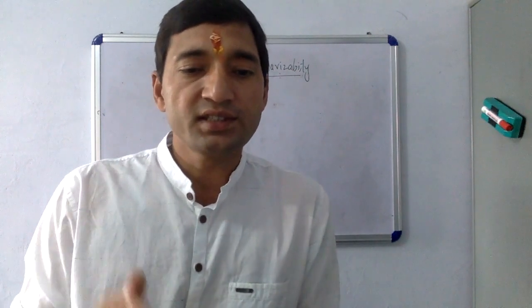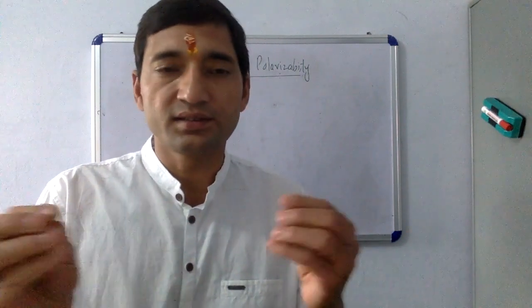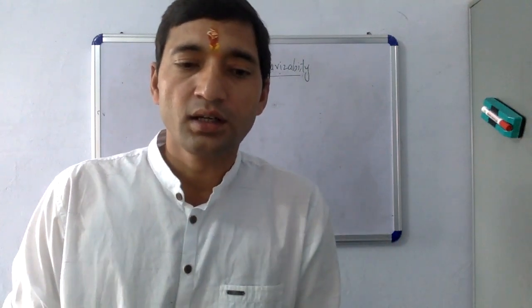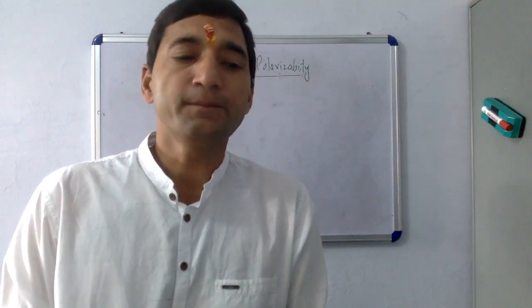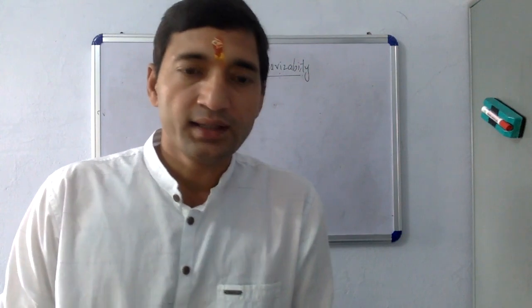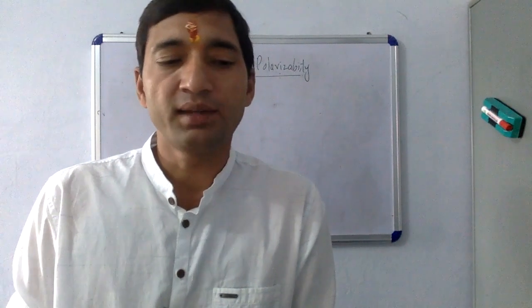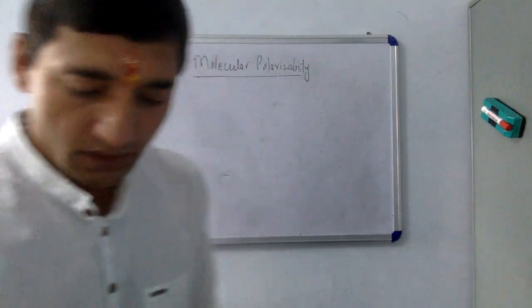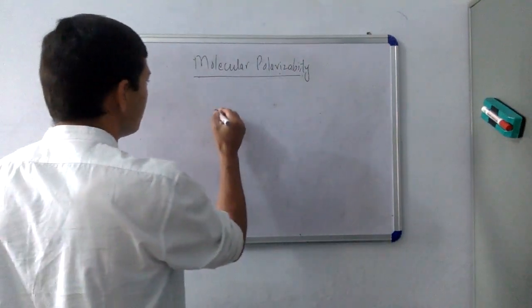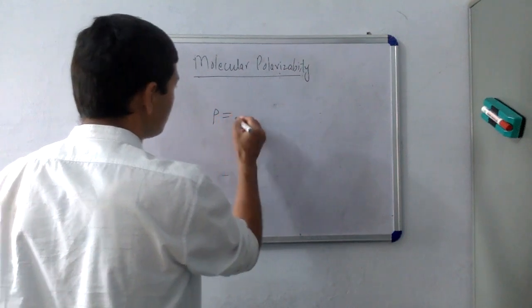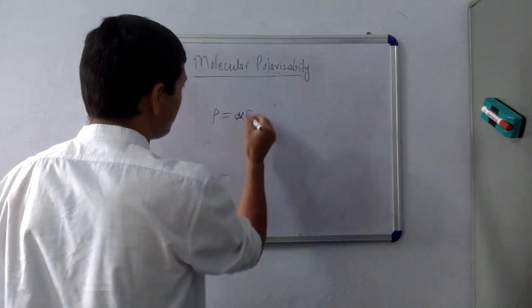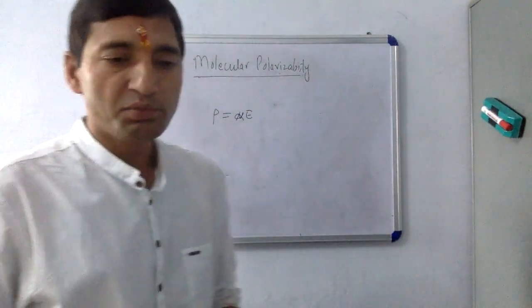So the separation between the charge centers causes an induced dipole moment, and this material is called polarized. Then the size of the induced dipole moment, that is P or mu, depends on the magnitude of the applied field E. So simply we could write this induced dipole moment P is equal to alpha E, where alpha is the polarizability.